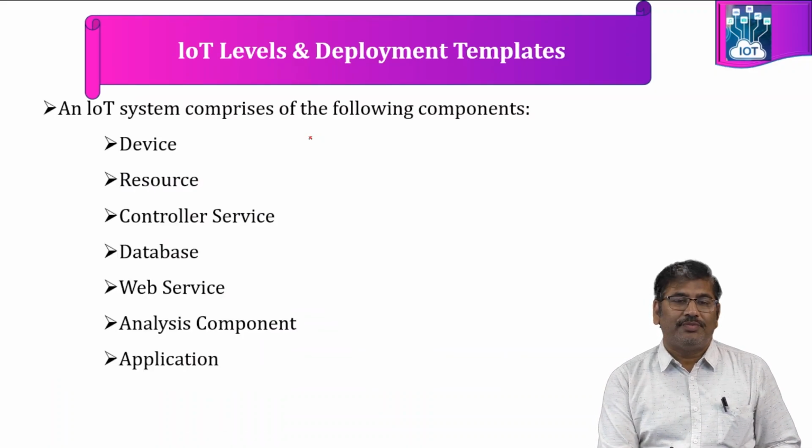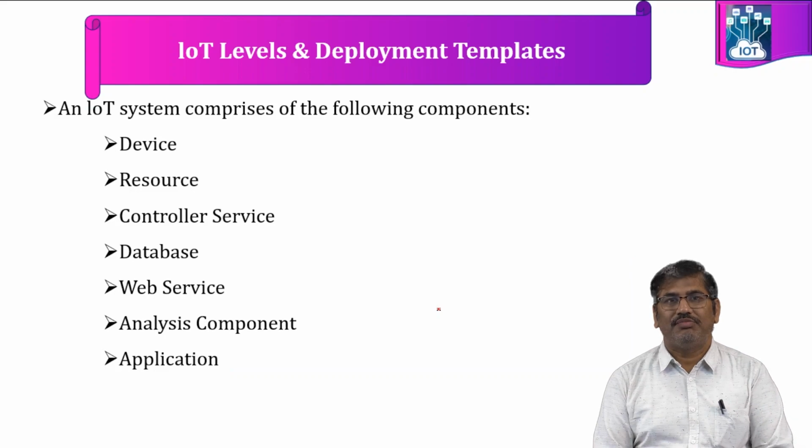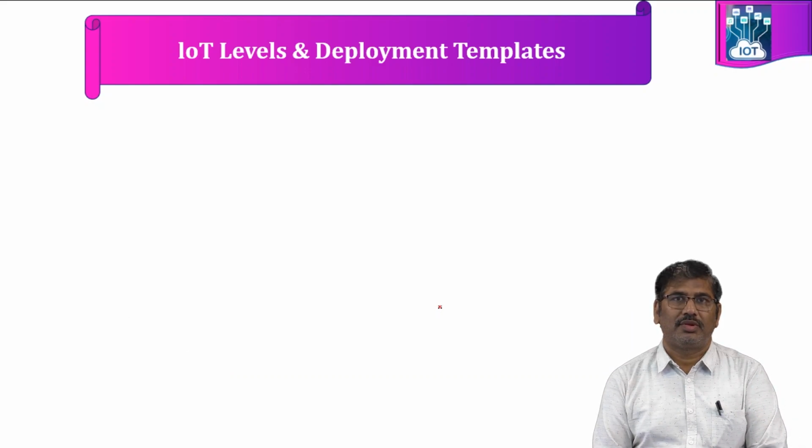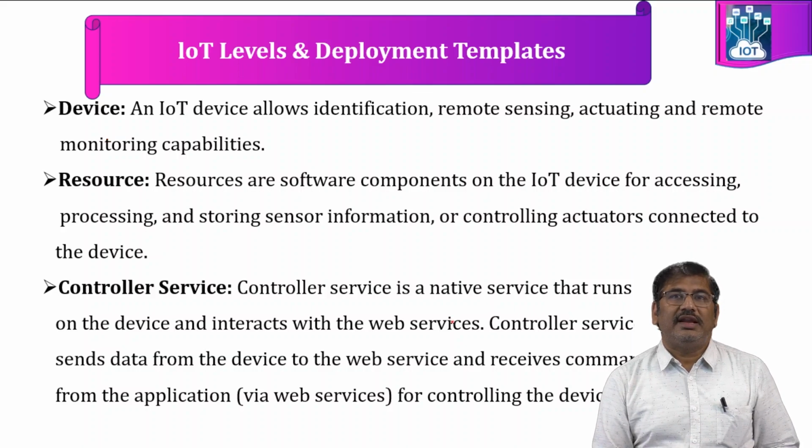So, an IoT system comprises the following components. It may consist of a device, a resource, controller service, database, web service, analysis component and application. A typical IoT system may consist of these blocks. Now we will see the significance of each component. The device: an IoT device allows identification, remote sensing, actuating and remote monitoring capabilities.